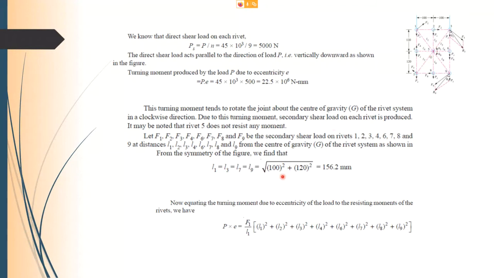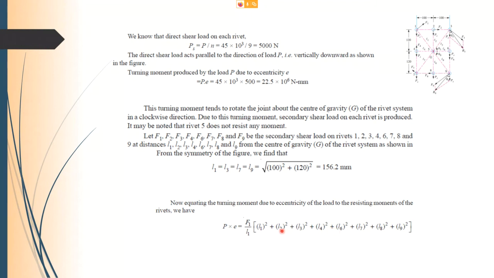So by using Pythagoras theorem, you will be able to find the radial lengths of L1, L3, L7, L9 as 156.2. Then use this formula here, in which F1 is the subject. With all the L1 to L9 here, you already know them, except L5, which is 0.